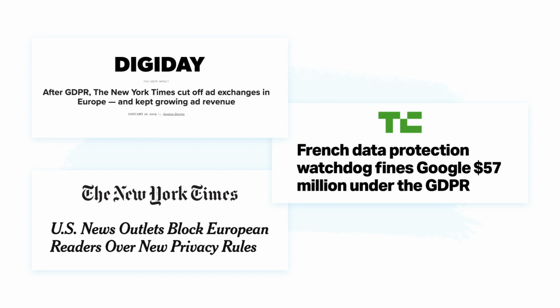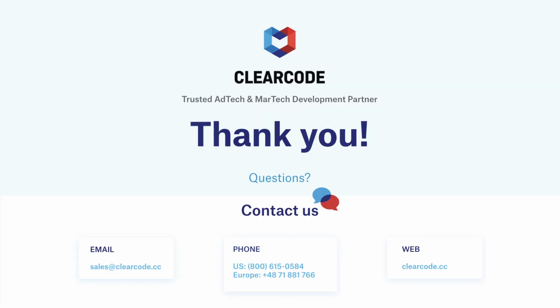Lastly, Google was recently fined 50 million euros by the French DPA CNIL because it failed to provide enough information to users about its data consent policies and didn't give them enough control over how their information is used. While many companies are still operating as business as usual, the fact that certain data protection authorities have already started investigations signals that we'll likely see more of these stories appear in the coming months and years.